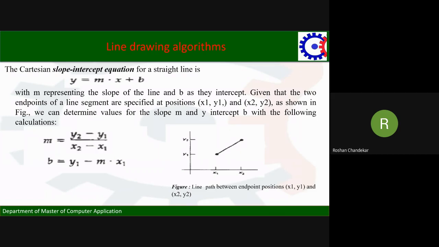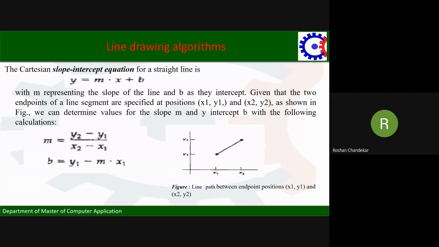We calculate the slope as m = (y2 - y1) / (x2 - x1). So the slope is the difference y2 minus y1 divided by the difference x2 minus x1.